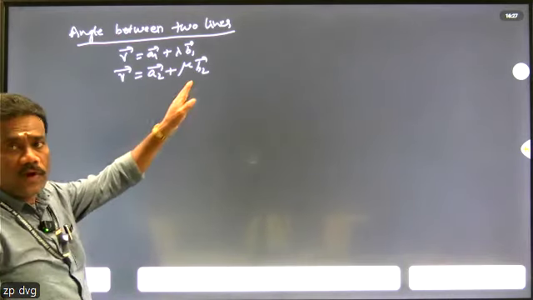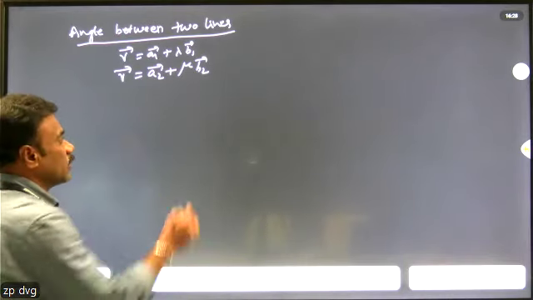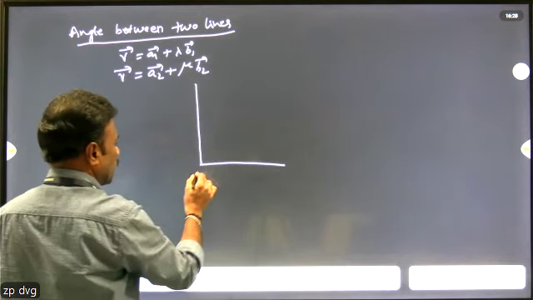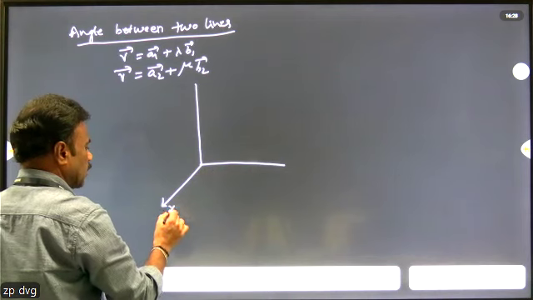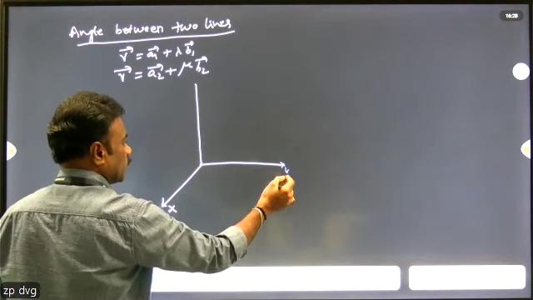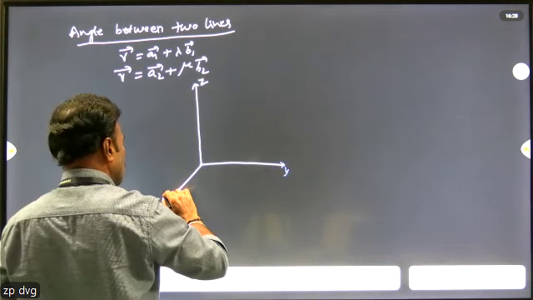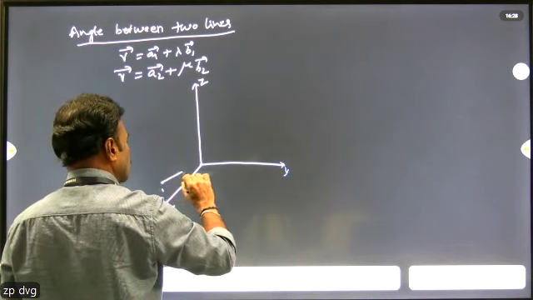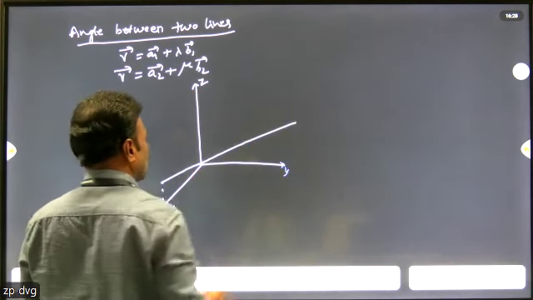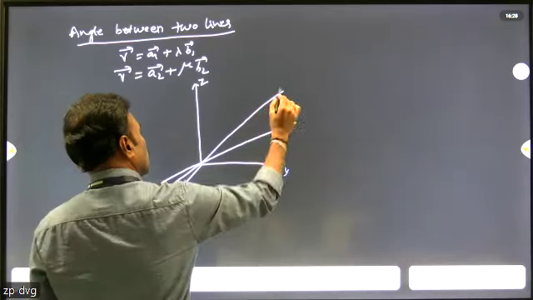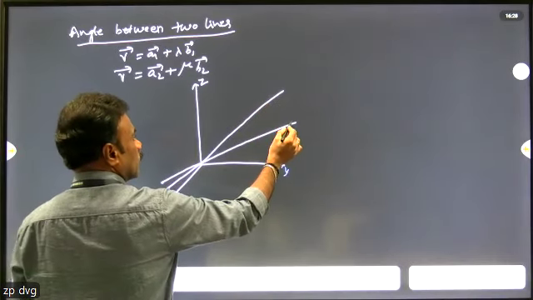Then to find the angle between two lines, I am taking here a three dimensional system, with x axis, y axis, z axis. Suppose this is one line and this is another line.